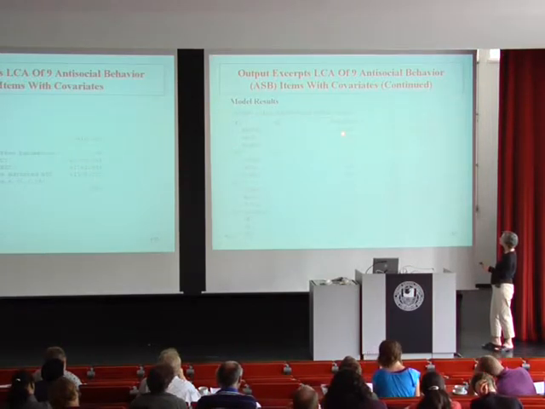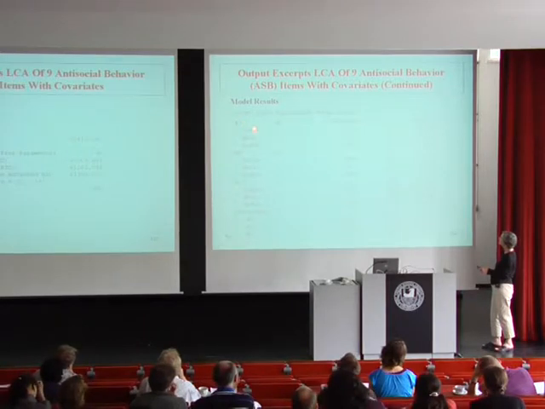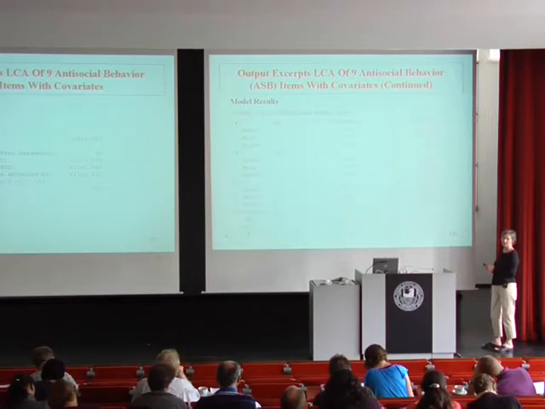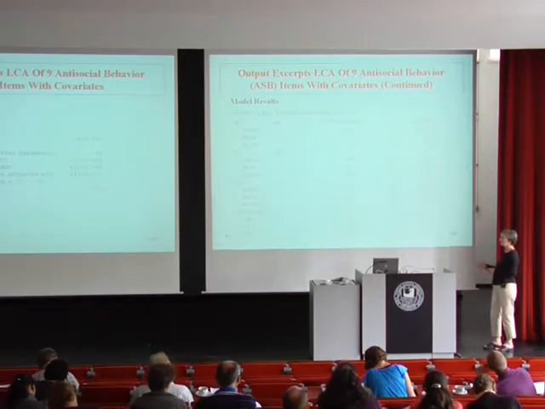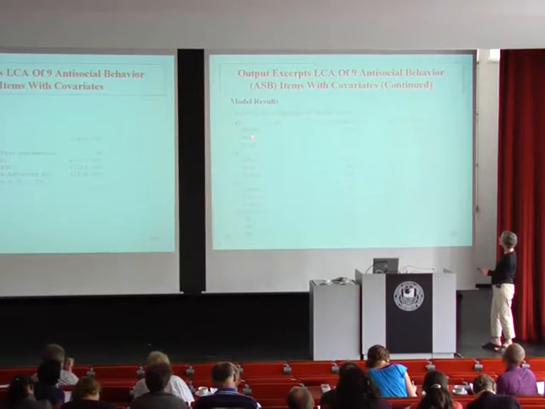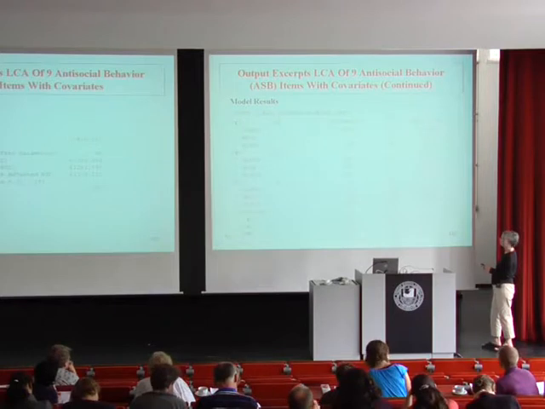So how do we interpret these? We say as age increases, this is continuous, the log odds of being in class 1 versus class 4 decrease because we have a negative coefficient. In this situation, we're always comparing to a reference class. So here we would say for males, the log odds of being in class 1 versus class 4 are higher than for females.